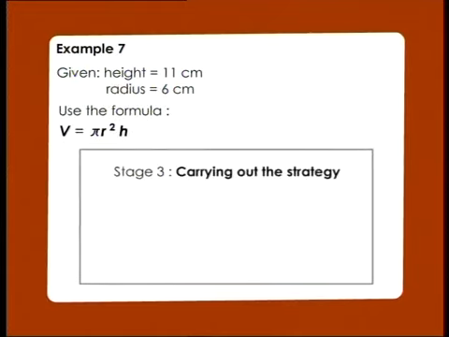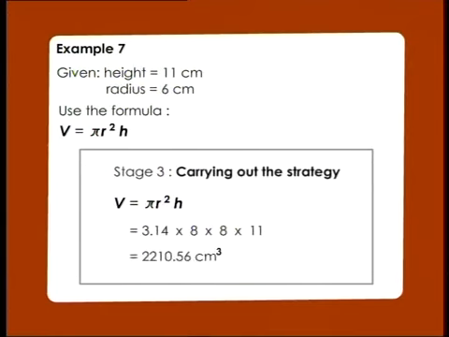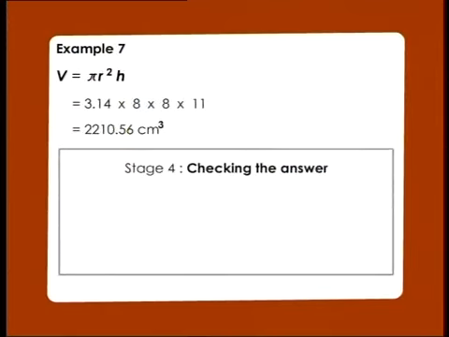Stage 3. Carry out the strategy. V equals pi r squared h equals 3.14 times 8 times 8 times 11 equals 2,210.56 cubic centimeters. Stage 4. Checking the answer.